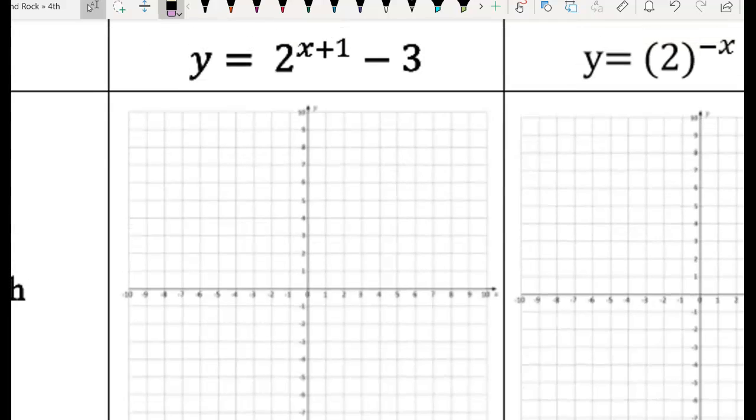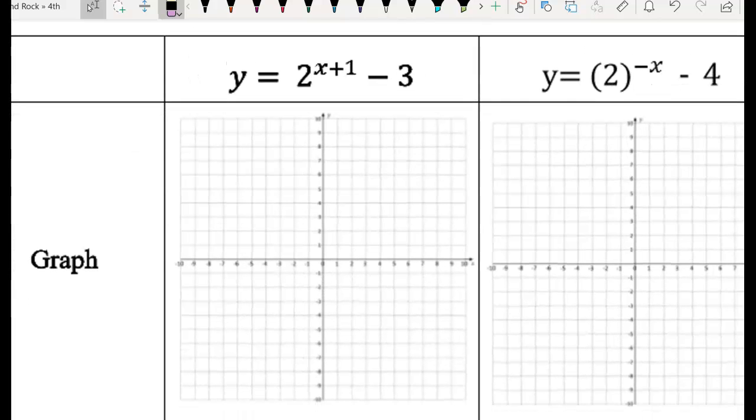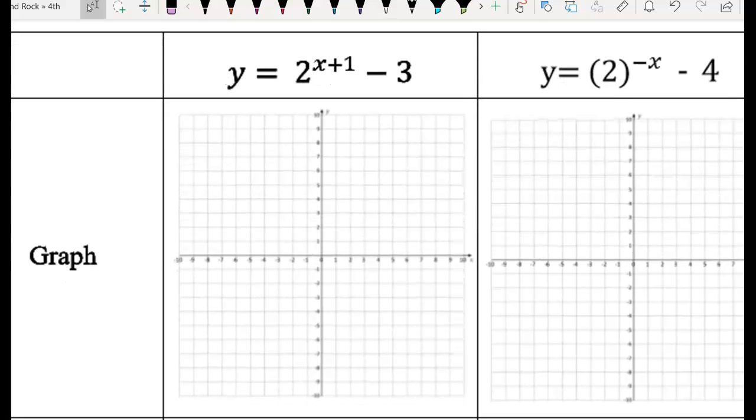Now I'm going to change this first one. So if you already started graphing, I'm so sorry. I'm going to change it to be this. Why do you think I'm changing it to be just 2 to the x? I want to show you guys the parent function first.